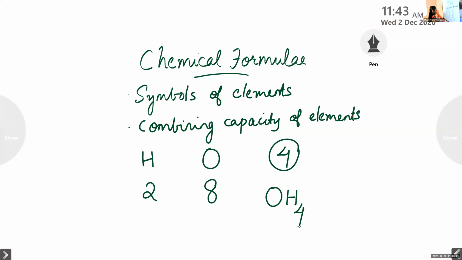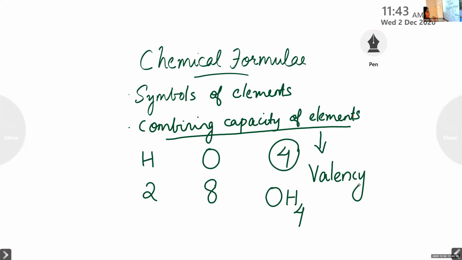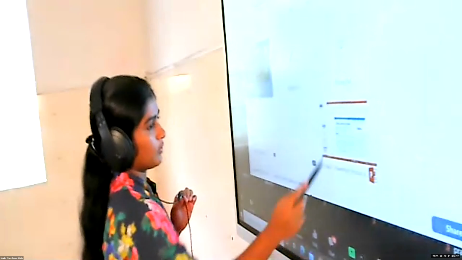Before going to that, this combining capacity of elements is known as valency. It's a new term for you, right? So before entering into writing the chemical formula, we need to learn valency.